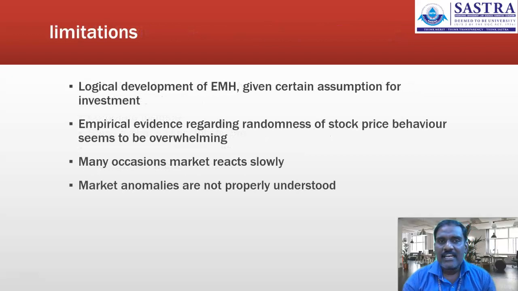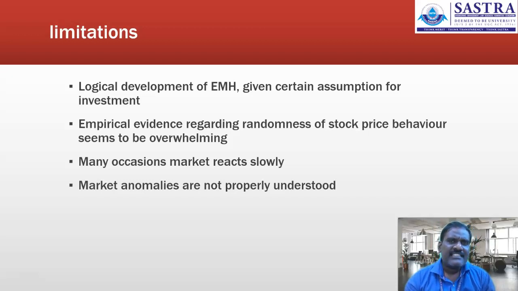There are certain limitations associated with the efficient market hypothesis. What are such limitations? The first one: the logical development of the efficient market hypothesis gives certain assumptions for investment. It assumes that only information has the intensity to determine the market price.